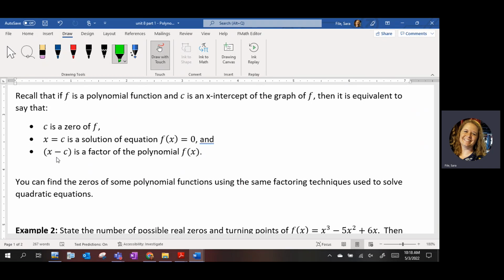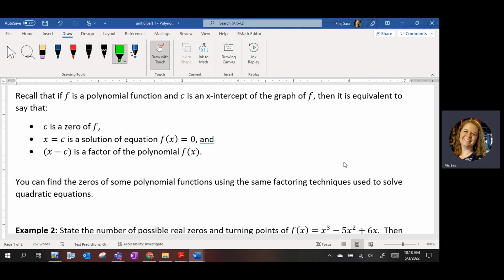Or if you have it in factored form, it would be x minus c is a factor of the function. All of those mean the same thing. They're all different formats of showing that c is an x-intercept. We can have it in factored form and see that it is the x-intercept. We can have it solved for x, or we can just write c is a 0.